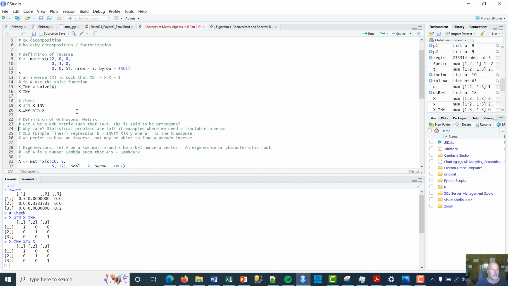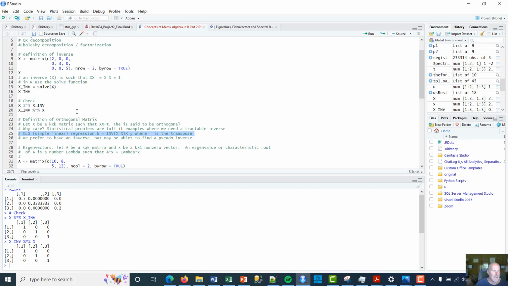In fact, ordinary least squares, simple linear regression. If you solve for the coefficients in multiple regression, the vector b is actually equal to the inverse of x transpose x, times x transpose y, where this little sign that I have here is the transpose.